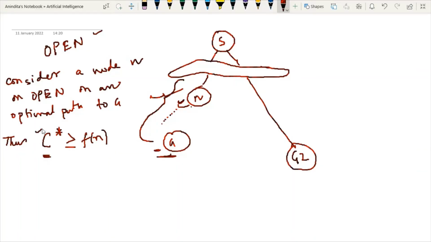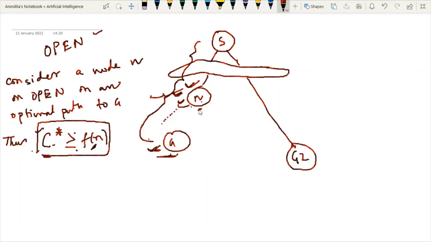So always the value of C star will be greater than the value of reaching the node n, right? So that's why we can write this. Because after node n, we have the goal node. So the cost of this path is less than the cost of reaching the goal node. So that's why the optimal cost C star is greater than the value of f(n). So this is the first consideration. Why does it happen?